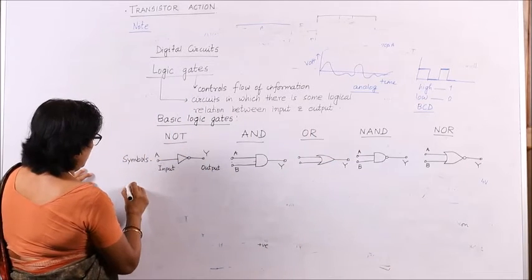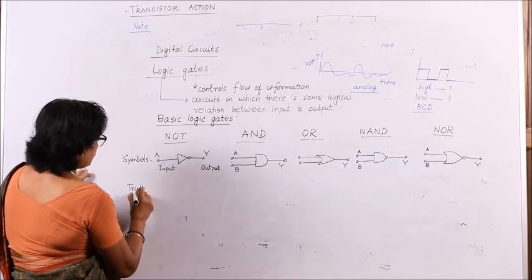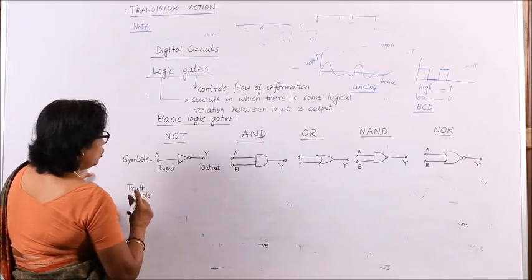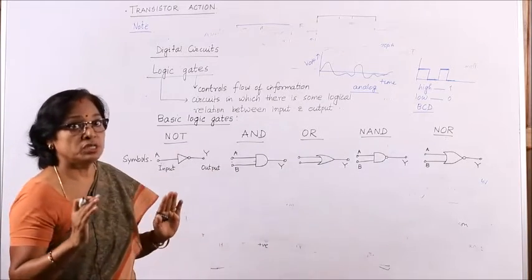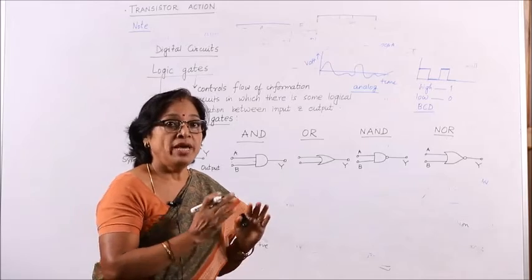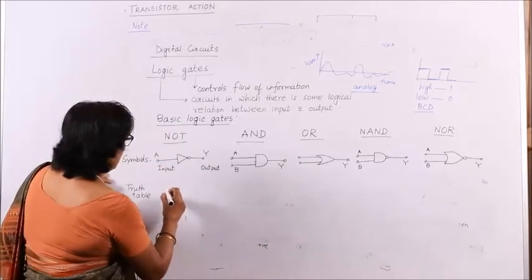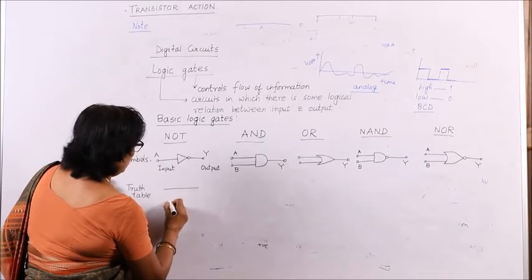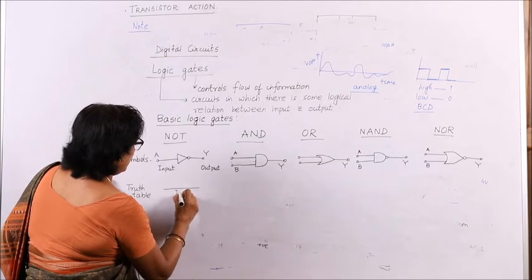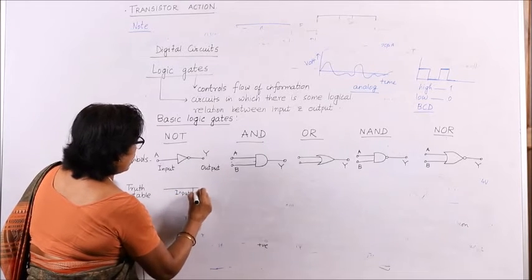Now the truth table. Truth table is the table which shows you when input is this, what will be the output. So in all cases I will write the input and the output.